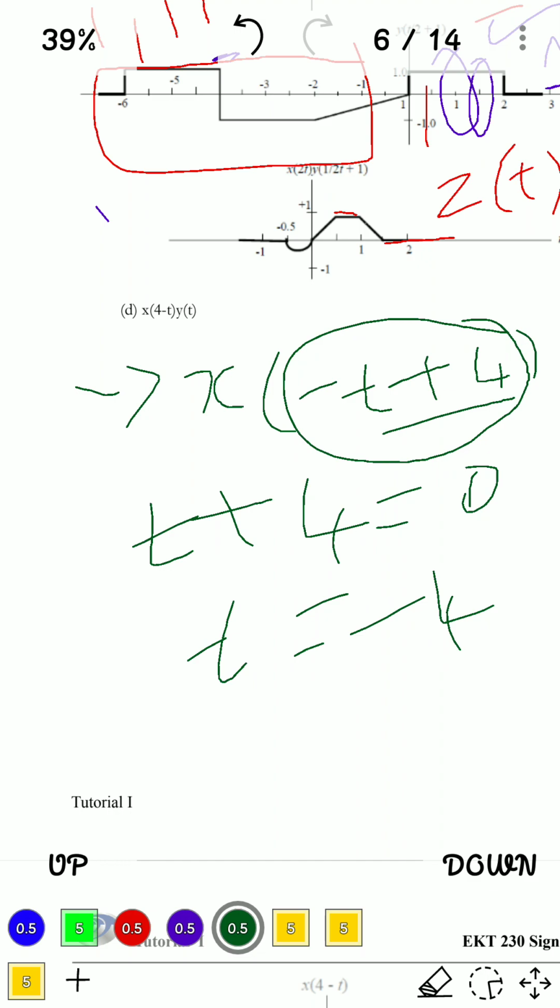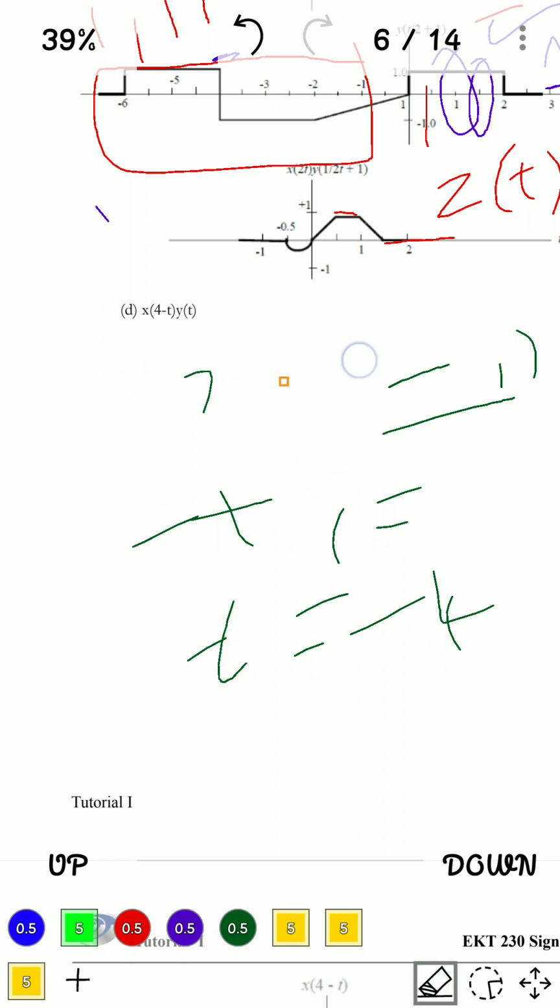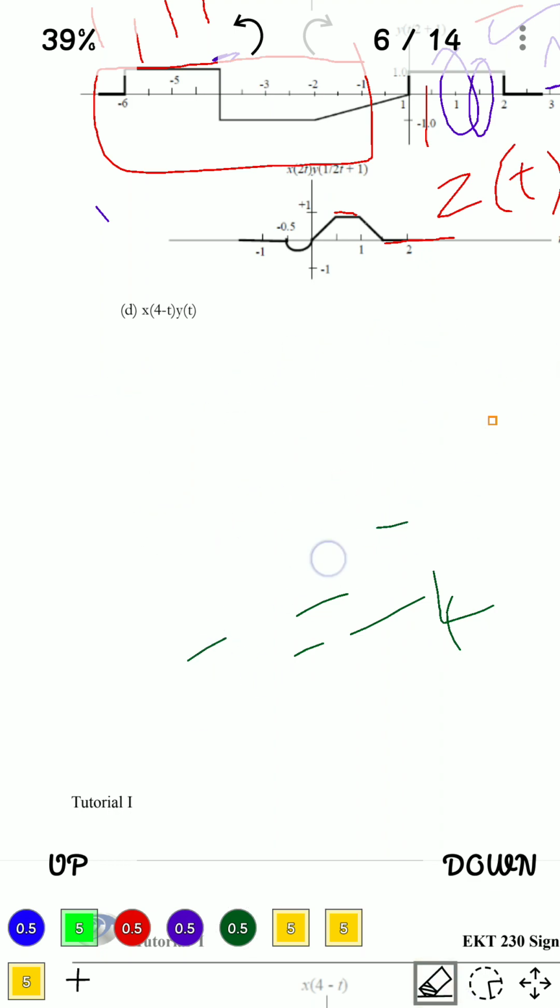Now after you shift the signal by minus 4 places, you are going to get the resultant signal like this. So let me draw that resultant.